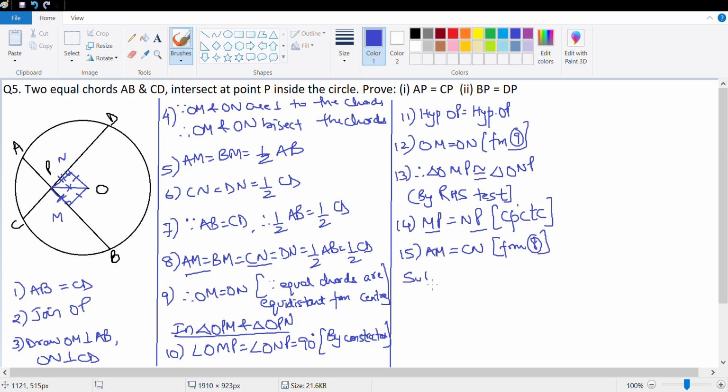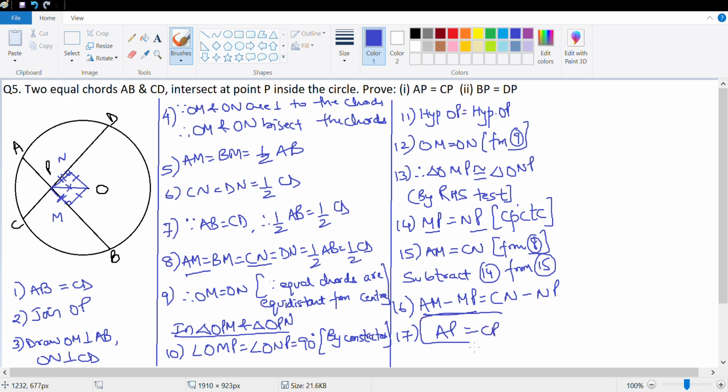So subtract 14 from 15. So what I get is AM minus MP is equal to CN minus NP, and AM minus MP is nothing but AP, and CN minus NP is nothing but CP. So this is the first part of the question, hence proved.